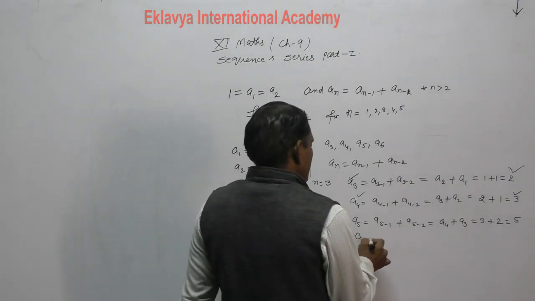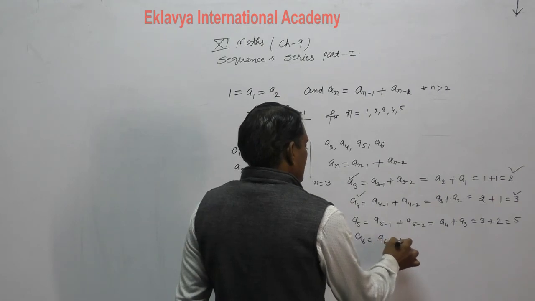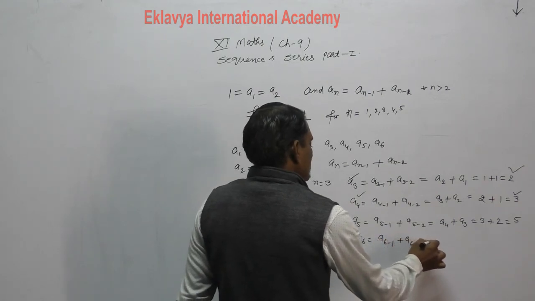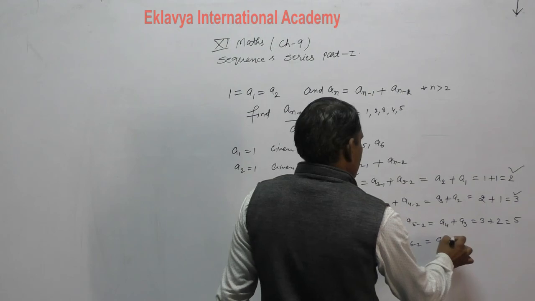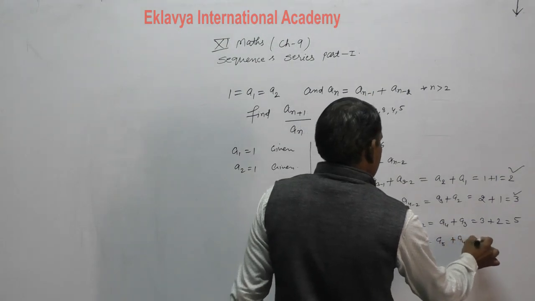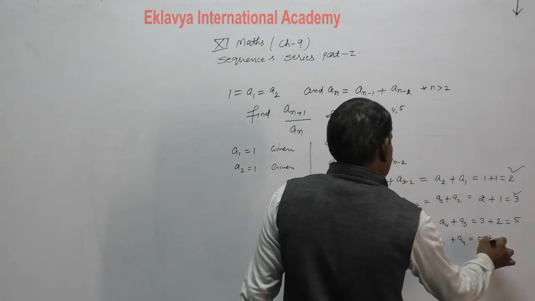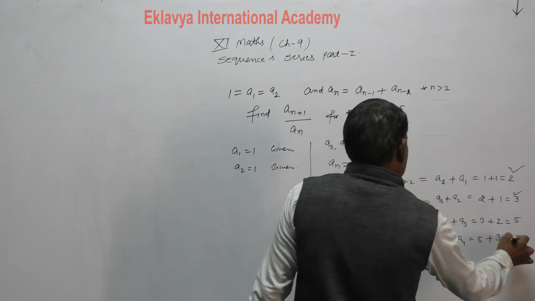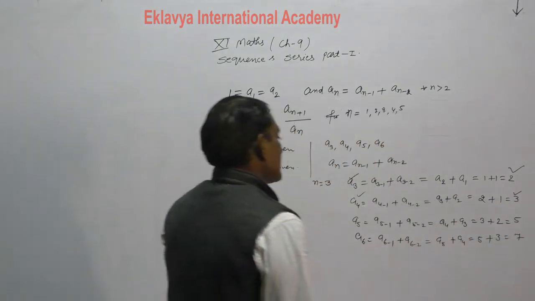Next a6 you will calculate, that is a6 minus 1 plus a6 minus 2, so it will return a5 plus a4, the value of a5 is 5 plus the value of a4 is 3, so the answer is 8.